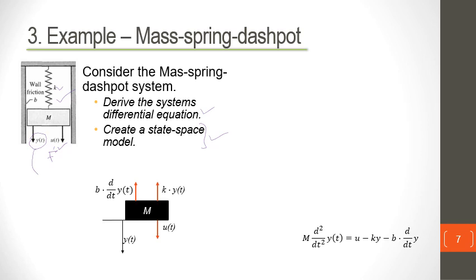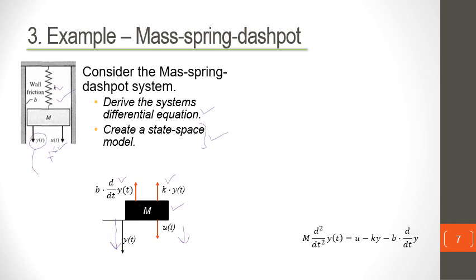If we draw a free body diagram of the mass, this is the direction of positive displacement, which is y, and the forces acting on the mass are the pulling force u, the resisting force of the spring, and the resisting force of the damper, which will go against the motion.